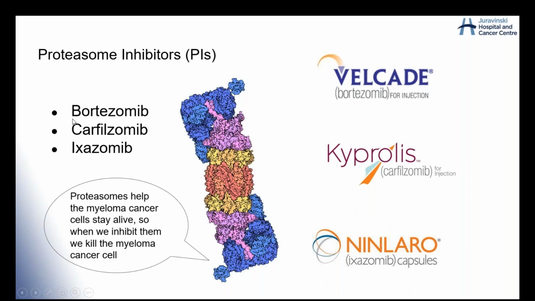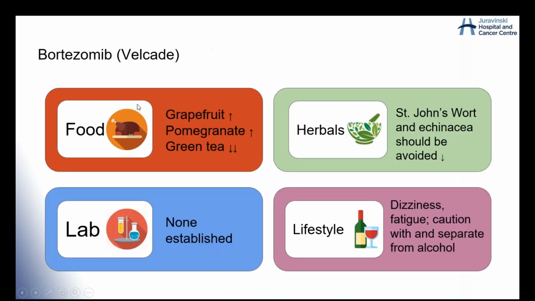I'm going to go over these three medications, and in this presentation I'll try to divide interactions into food, herbals, lab, lifestyle, and medications. So bortezomib interacts with grapefruit juice and pomegranate, and interacts with green tea. Bortezomib is an injection.